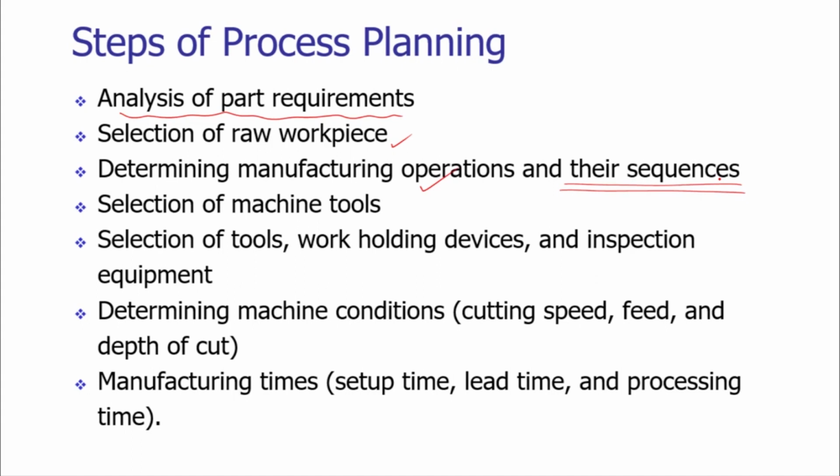In that case, can we change the design and get an alternate design which can be manufactured using the existing facility? Such critical decisions are suggested by this process planning team, in collaboration with the CAD and CAM team, to get the right process plan which is workable and within the desired time limits.